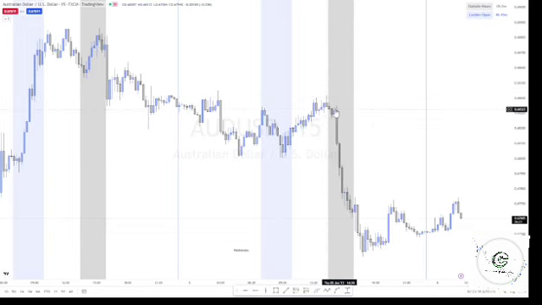I already know that this was going to be a fall. I already know that from here, this was going to be a fall. I already know from here to here, it was going to be a rise. The market is going to give a pullback. Without plotting any resistance, support, or trend line, nothing. Just looking at price and understanding what price is doing, and then using that understanding to build a premise.